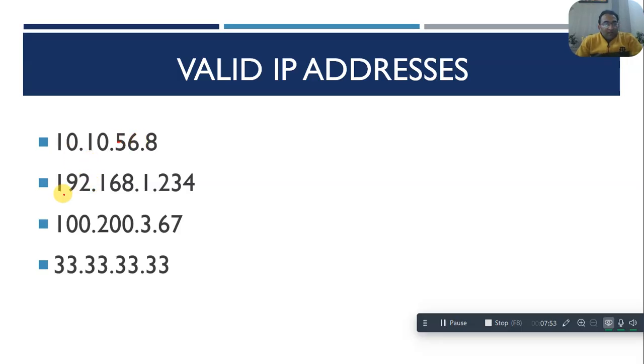Now the second example, 192.168.1.234, again a valid IP address because A has a value between 0 and 255, and for this particular A we have assigned the value 192. Similarly B has 168, C has 1 and D has 234.